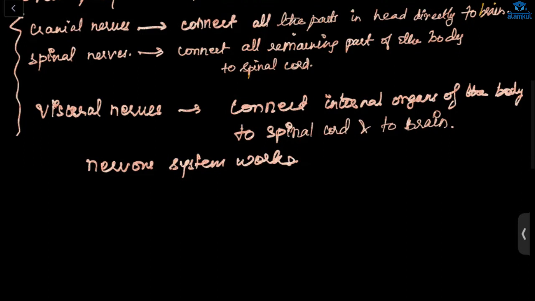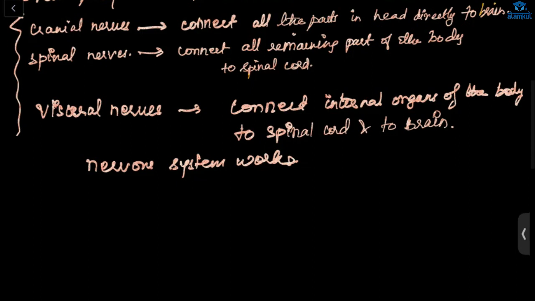So the brain, like this only, receives the impulses and analyzes them. Then it will send out instruction on what to do and what not to do, to whichever part should respond.